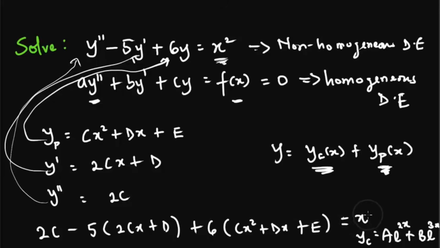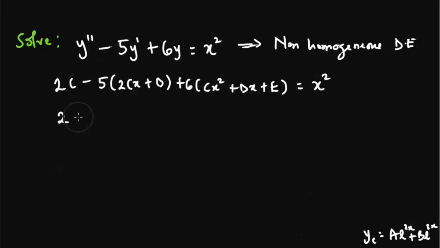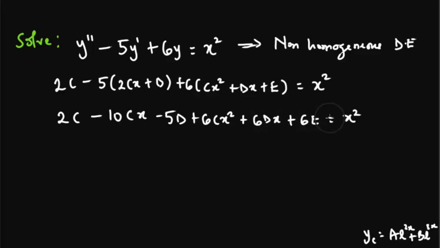equals x squared. And so we're going to have 2c minus, open the bracket, 10cx minus 5d, plus 6cx squared plus 6dx plus 6e equals x squared. At this point, we want to arrange the left-hand side such that we can compare it to the right-hand side.